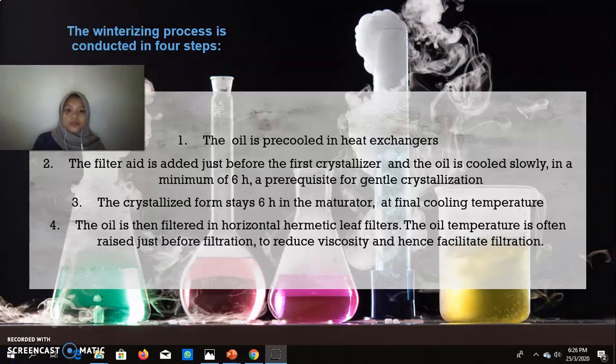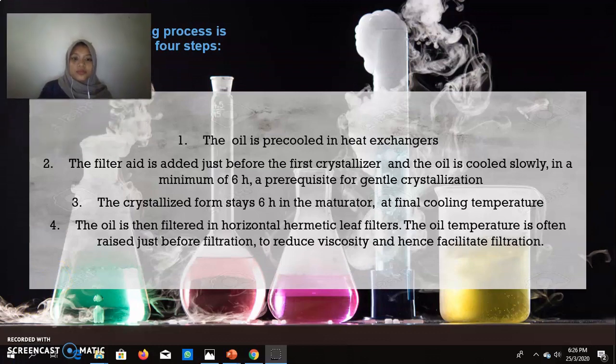Next is the winterizing process. It is conducted in four steps. First, the oil is pre-cooled in heat exchangers. Then the filter aid is added just before the crystallizers, and the oil is cooled slowly over a minimum of 6 hours, a prerequisite for gentle crystallization.